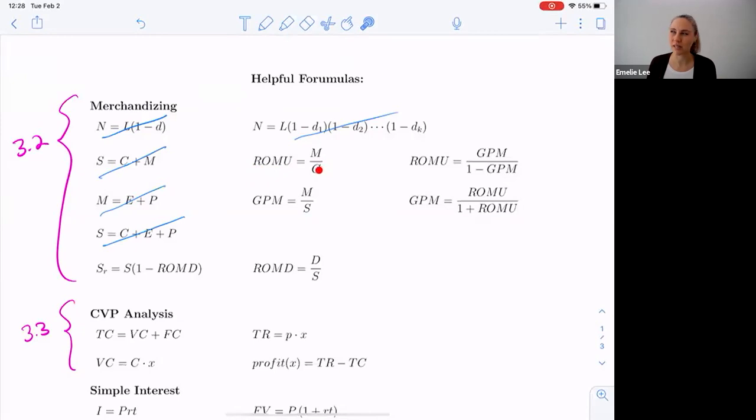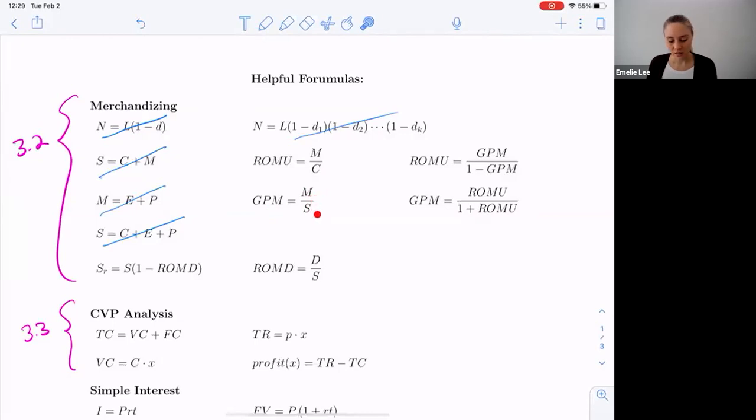Anyways, it's the rate of the markup. Whereas the GPM is the gross profit margin. Again, we've got M, which we know, and S, which is the selling price, right? So your gross profit margin is M over S.